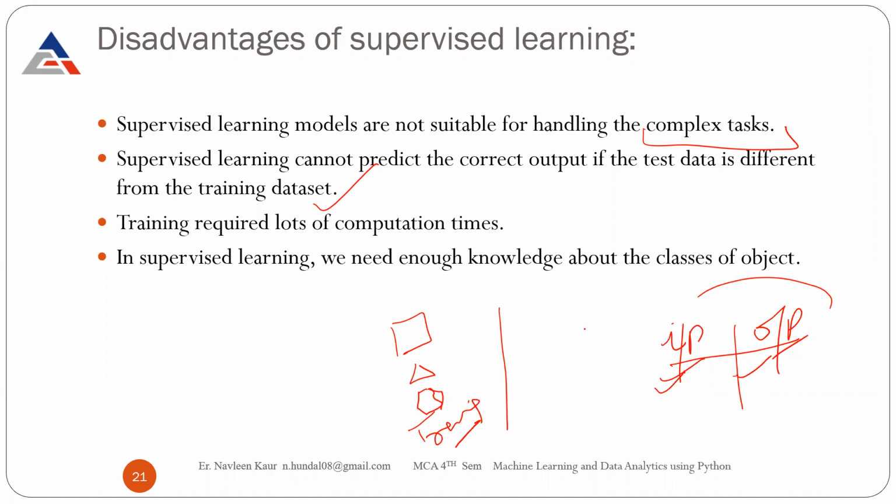But while testing, if I give it data like this, my machine knows nothing about it. My testing data is different from the training data, so my machine will not be able to predict the correct output. Maybe on the basis of this, it will predict that it is a hexagon, so it will predict only from within these training sets.